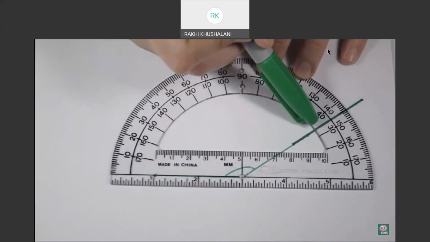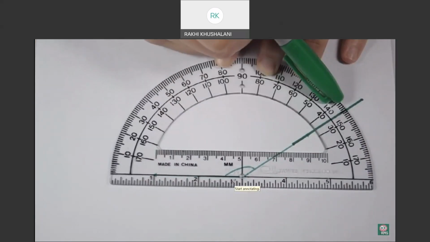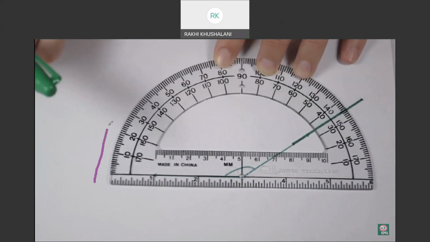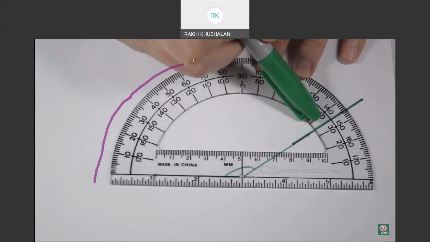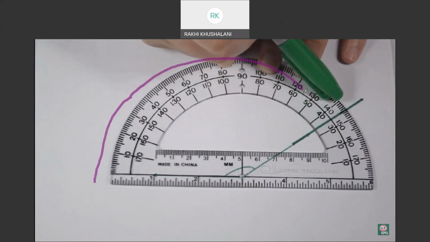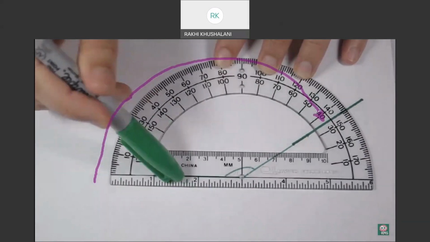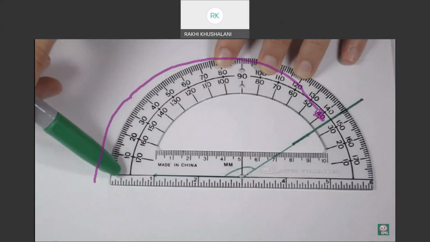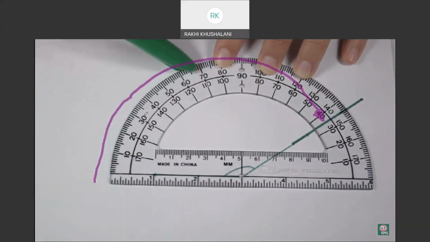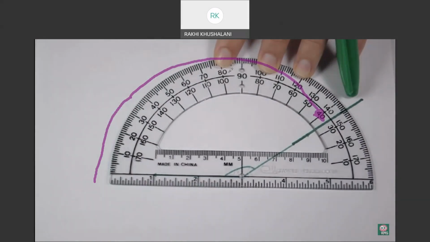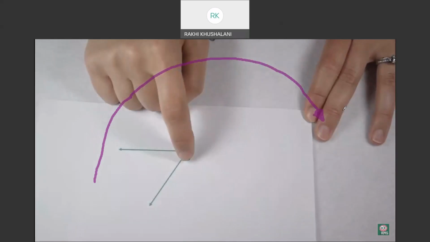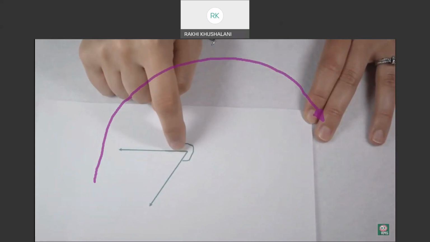See, we have done this in the video, and now is the time for you to move like this. 0, 10, 20, 30, 40, 50, 60, 70, 80, 90, and the measure of the angle is 145.